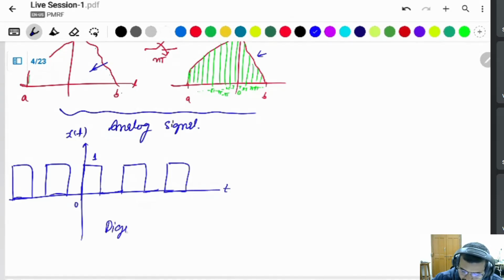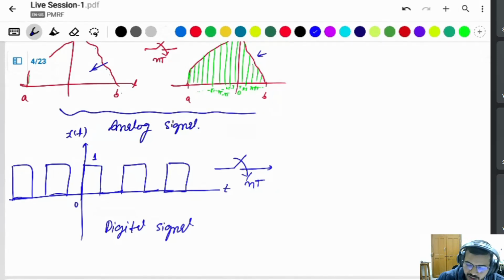This is the digital signal. Same thing, if you use a switch to convert the digital continuous to a digital discrete signal, then you will get this type of signal.